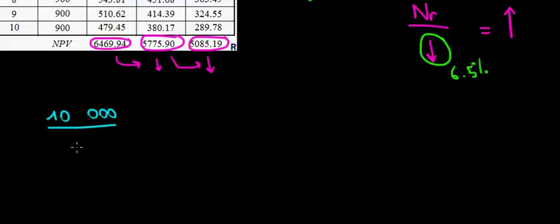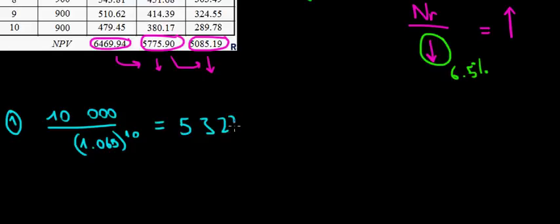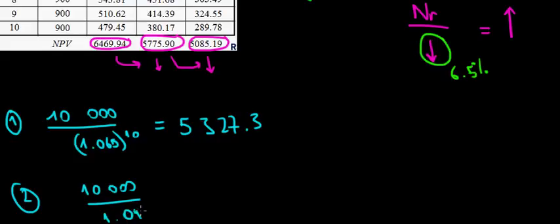So in case 1, we discount it at 1.065, at 6.5%, for 10 years. And that's equal to 5,327.3. And then we're discounting it at the other interest rate, 1.09, so at 9% for 10 years. And that's equal to 4,225.1.